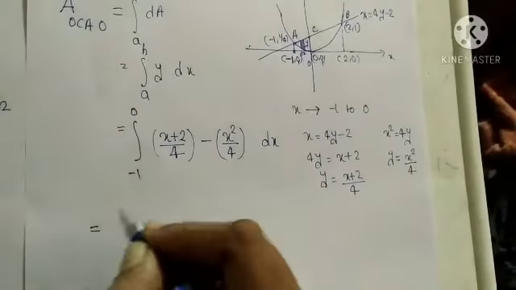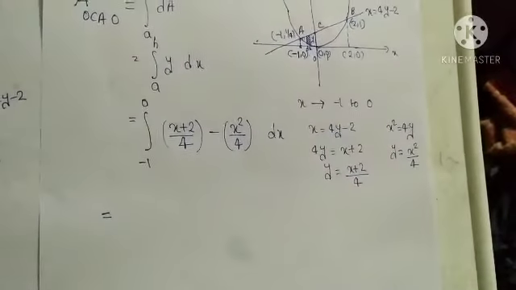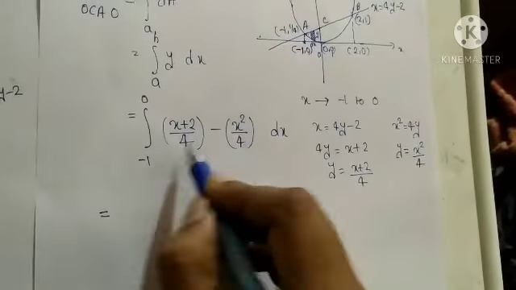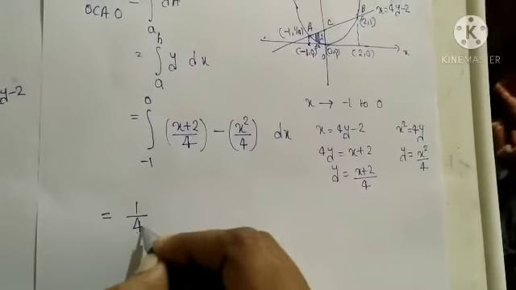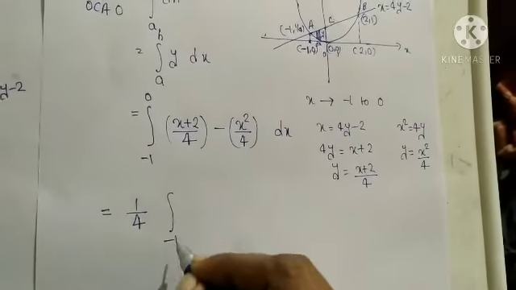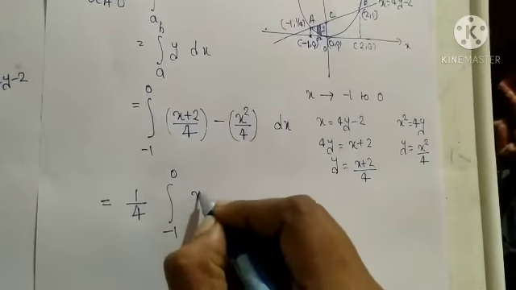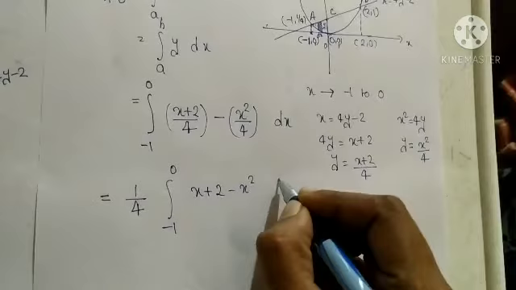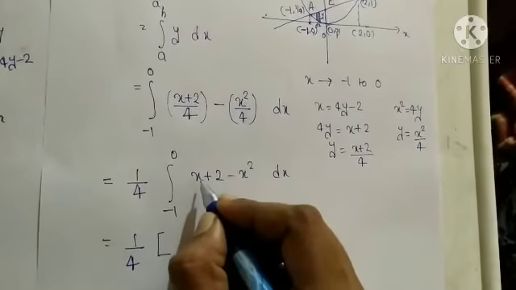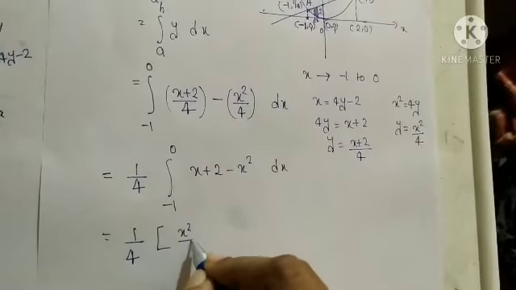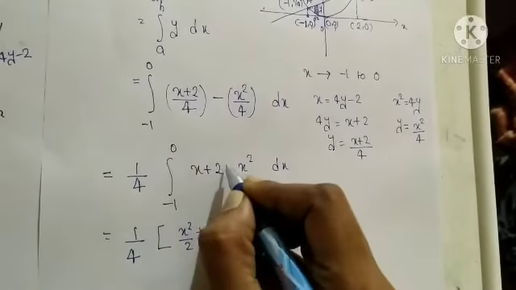and which will be equal to, here I am going to use 1 by 4 is common in both terms, so I am taking 1 by 4 outside the integral, so it will become integral from minus 1 to 0 of 1 by 4 into (x plus 2 minus x square) dx, and it will equal 1 by 4 into the integral of x is x square by 2, plus integral of 2 into integral of 1.